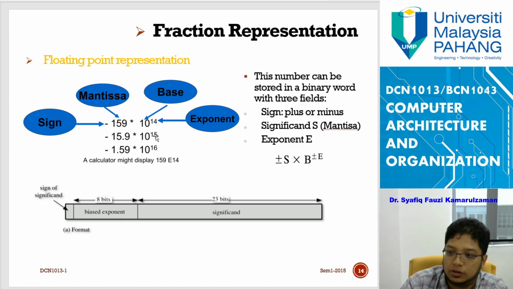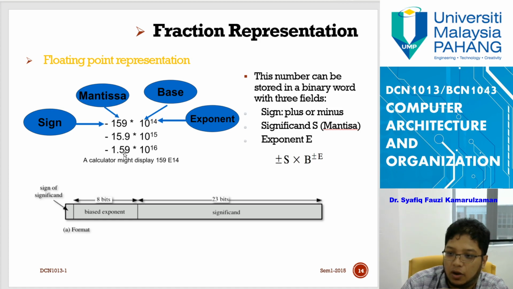So that means 14, 15, 16 is represented under this, in the front. And the significant here is in the front. So the mantissa here is the significant, and the exponent here is the bias exponent.